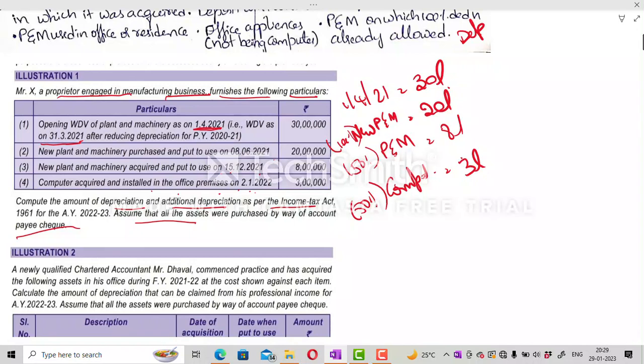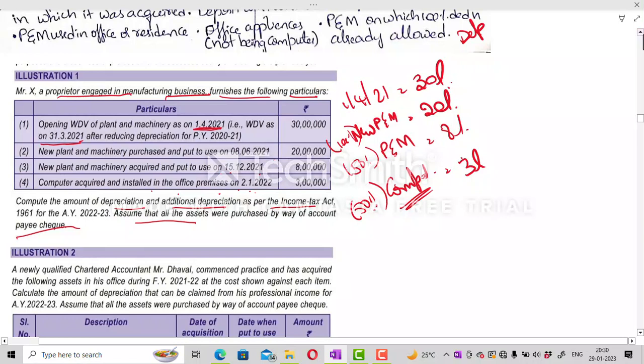It is plant and machinery; if they did not give anything, normal rate is 15%. For the new plant and machinery, 20 lakhs, this is also 15%. This is all plant and machinery 15%. Computer is 40%.